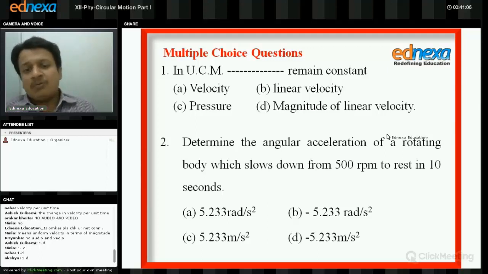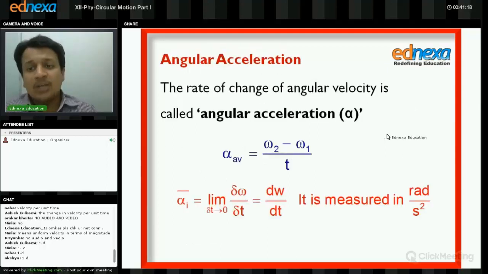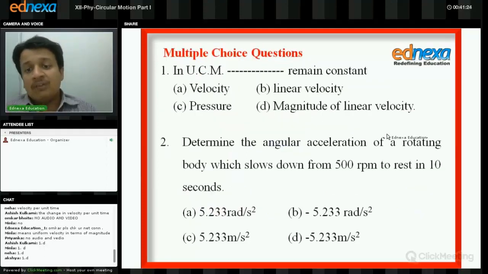Now before working on the second MCQ, I will give you one hint: over here omega is given to you. Determine the angular acceleration. So the formula of angular acceleration is in front of you: omega 2 minus omega 1 upon t. Is it right? Determine the angular acceleration for a rotating body which slows down from 500 rpm to rest.